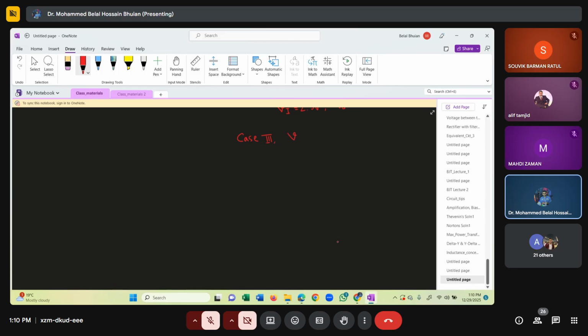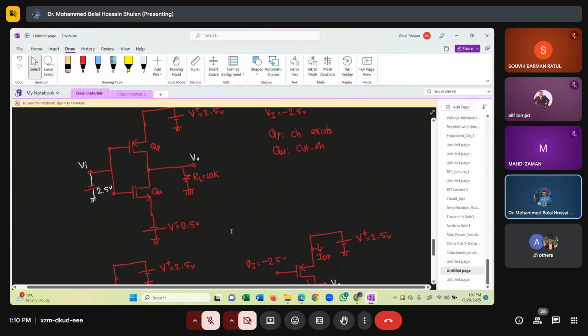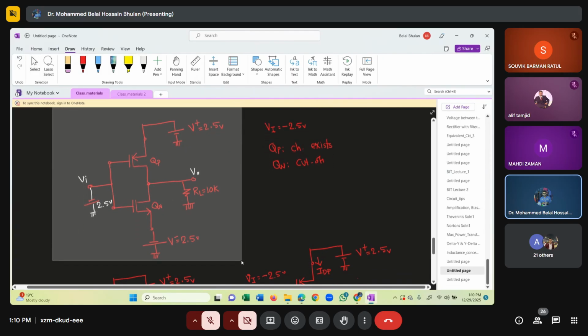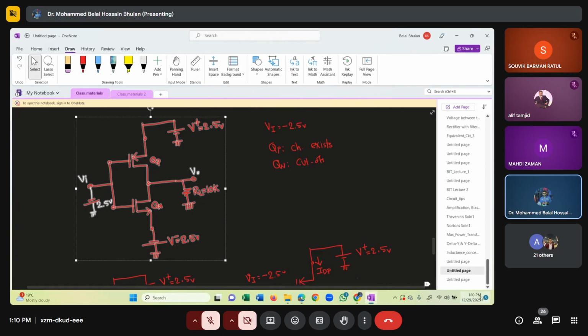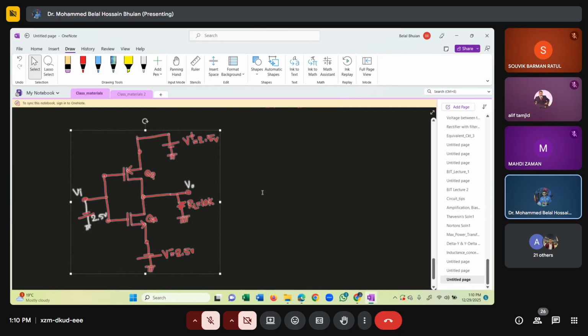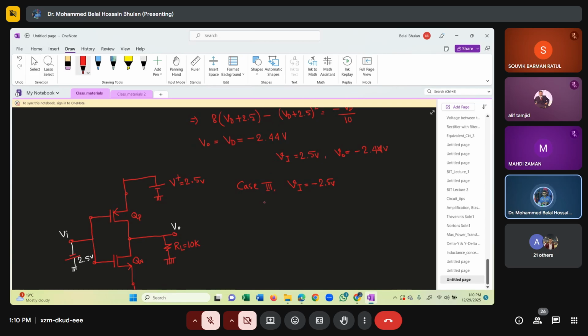Where Vi equals minus 2.5 volt. Okay, so let's get it from there. This is when Vi is equal to minus 2.5 volt.